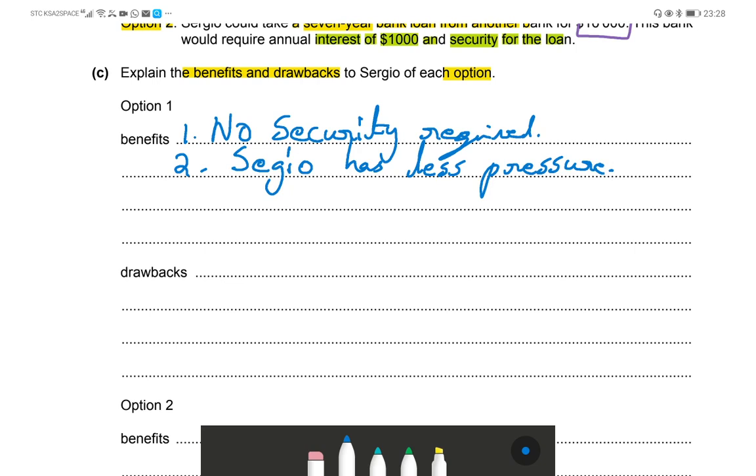The drawbacks. The loan needs to be repaid within 5 years. It means a short period.